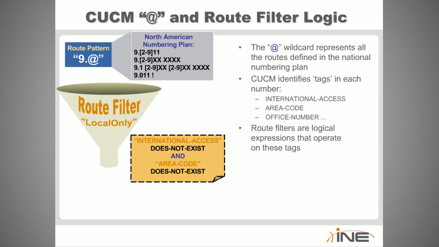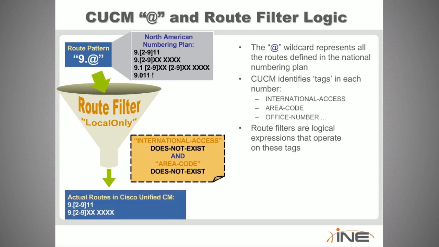So if I wanted to include, and this is going to be local only, at the end I'm just going to get 9, 2 through 911, because that would be considered local, and 9, 2 through 9XX, XXXX for a total of 7 digits plus the PSTN 9 access code there.